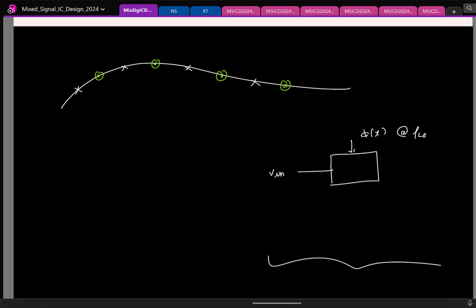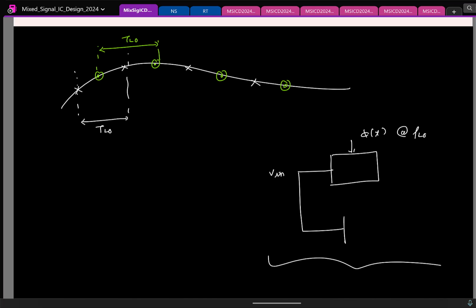Again, the observation stems from the fact that this clock period, this time period is TLO. What can you say about this time period? That is also TLO. So which means I can get these samples by using an identical copy of the same circuit. But what should be different? Yeah, I should be sampling with a slight timing offset, right?